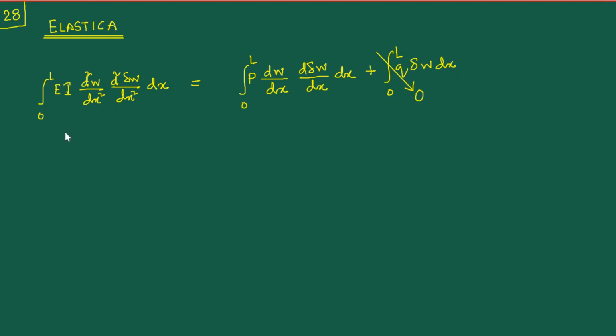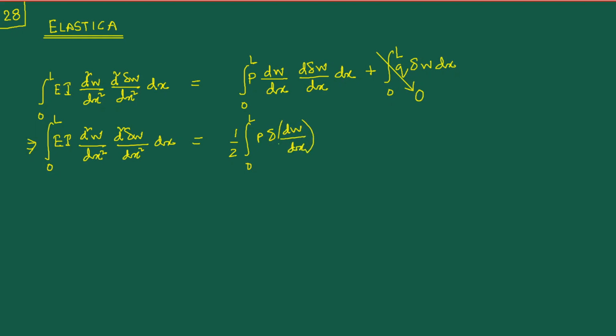With that out of the way, I'll just repeat this, the left hand side remaining as it is, but the right hand side, that I will rewrite as half integral 0 to L T delta dw dx whole square.